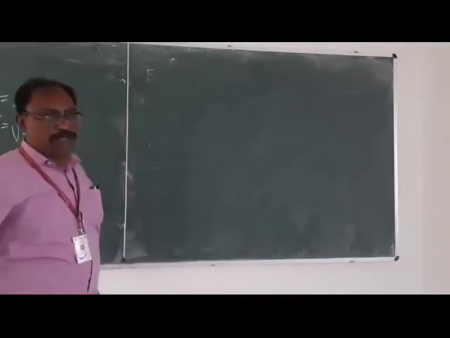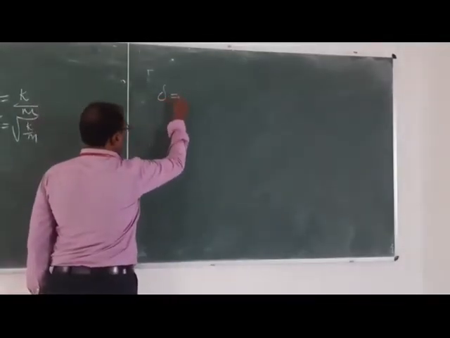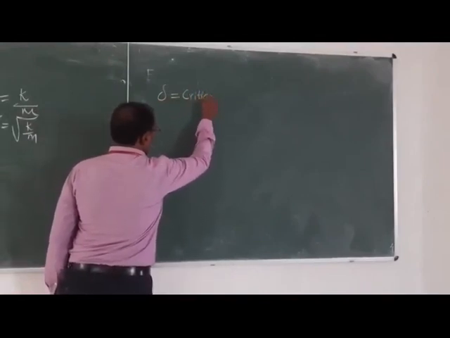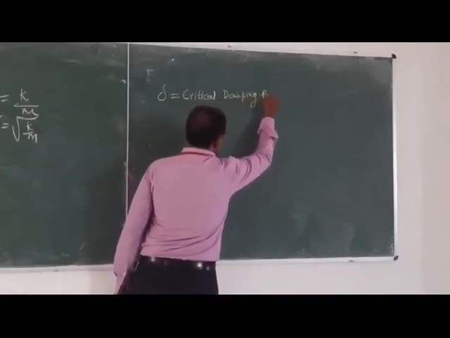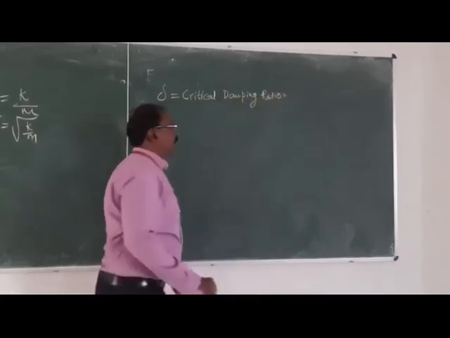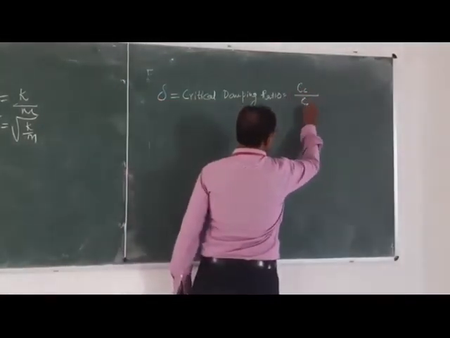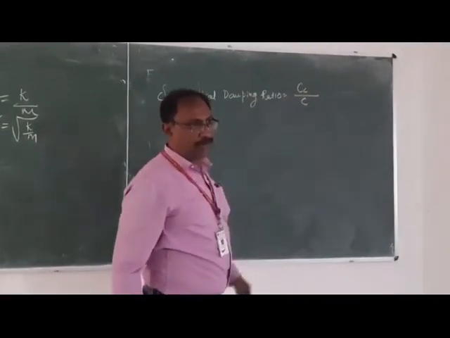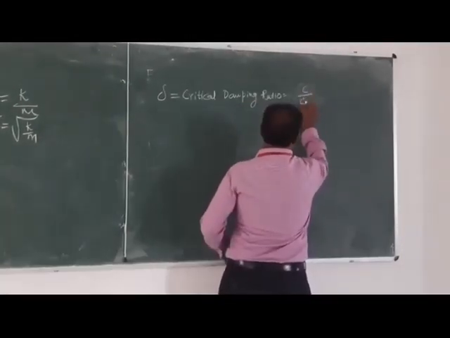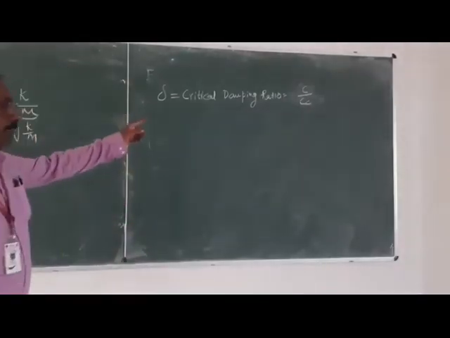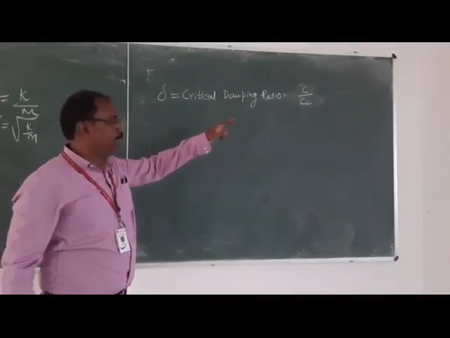It is the ratio between the actual damping and the critical damping. Rho is the critical damping ratio, the ratio of the actual damping to the critical damping.